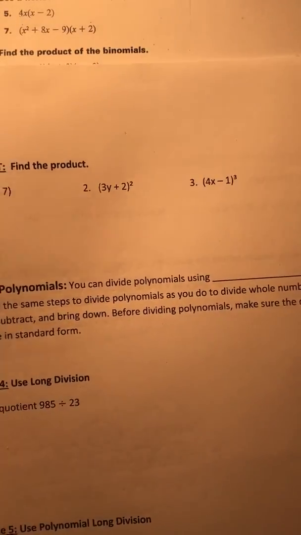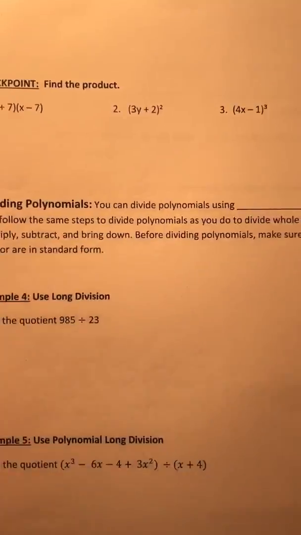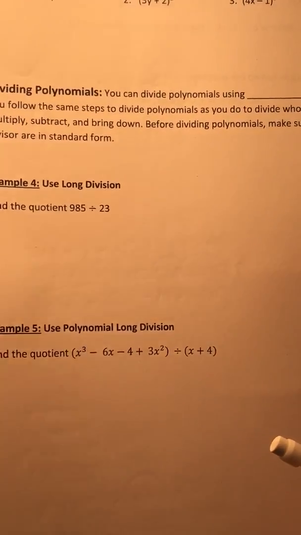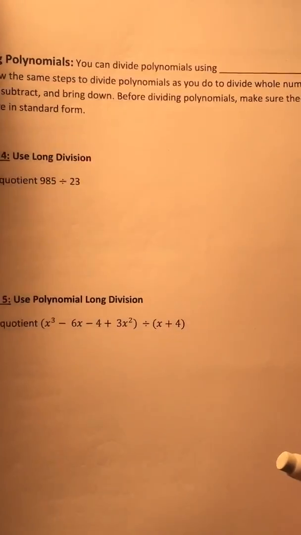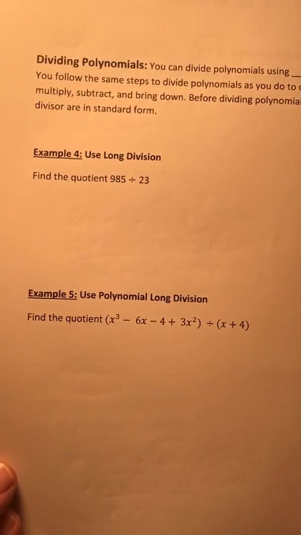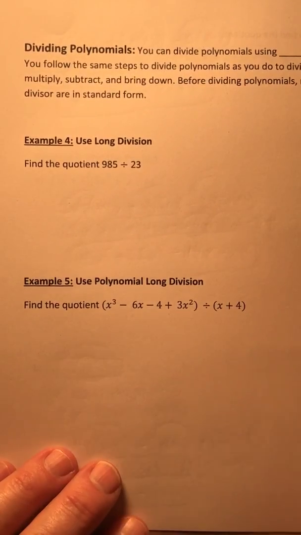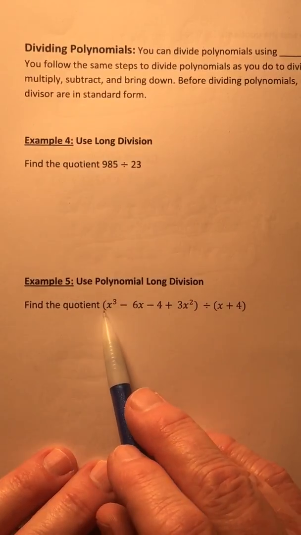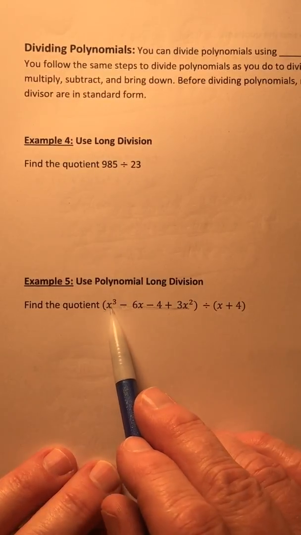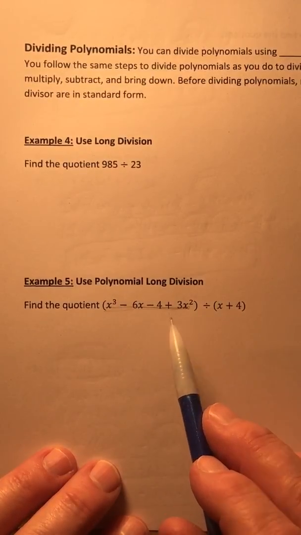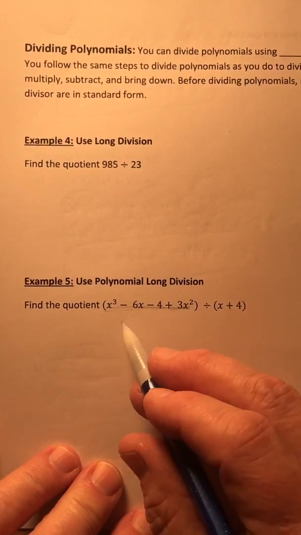The only other thing I want to show you is division of polynomials, and I'm actually going to show you an easier way than long division. This is called synthetic division. With synthetic division, the first thing is these all have to be in the right order, highest to lowest, and we can't be missing any.